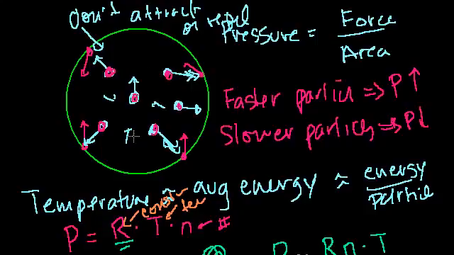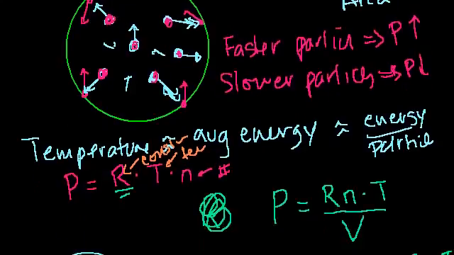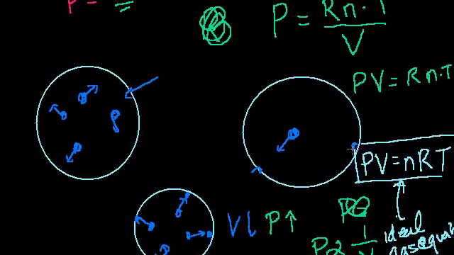Although if you start putting a ton of particles into a certain volume, then at some point, especially if they're big molecules, it'll start to matter in terms of their size. But we're assuming that for the purposes of our little mental exercise, that the molecules have inconsequential volumes and that they don't attract or repel each other. And in that situation, we can apply the ideal gas equation right here.